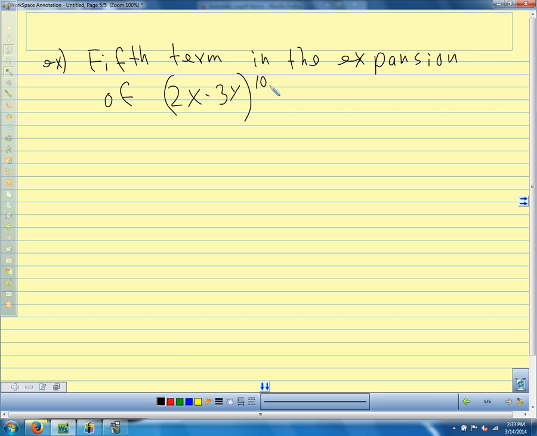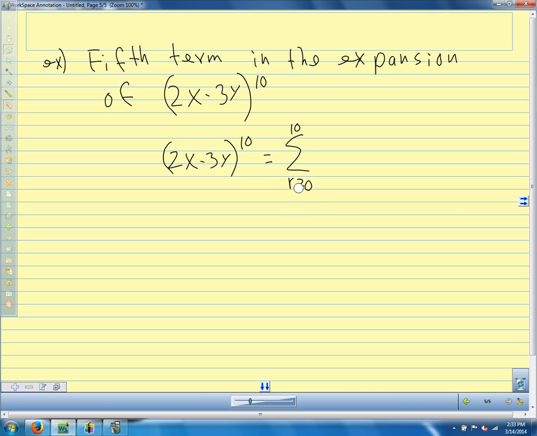So I'm going to set this up exactly like I did the last problem. I'm going to say (2x minus 3y) to the 10th equals the sum, r equals 0 to 10, and I won't forget my binomial coefficient this time, of 10Cr, (2x) to the 10 minus r, times (minus 3y) to the r.